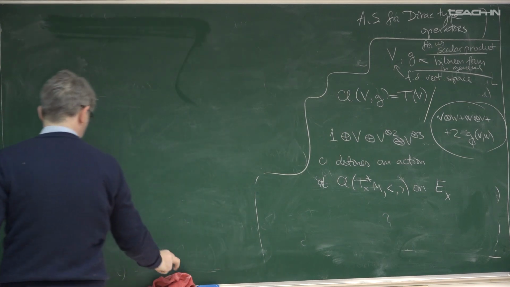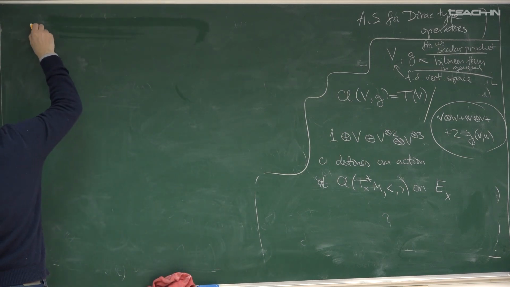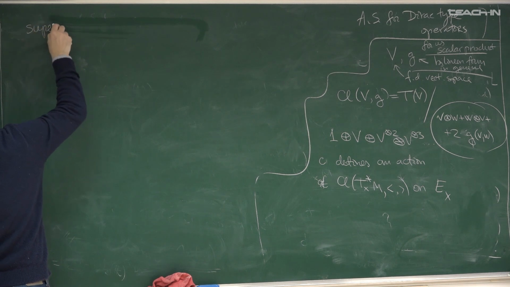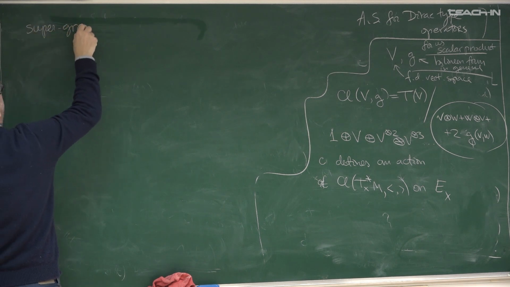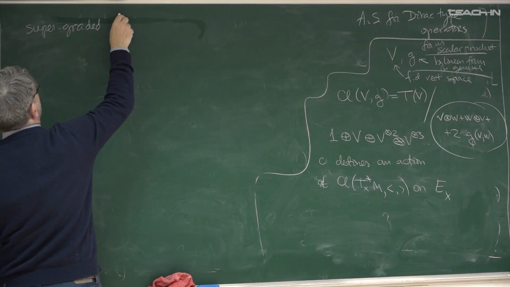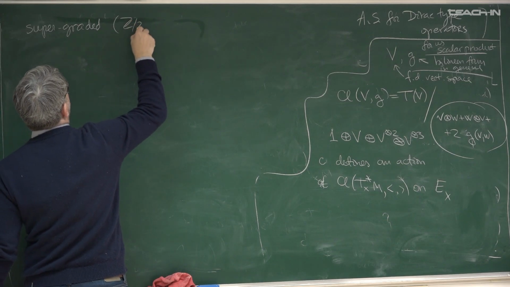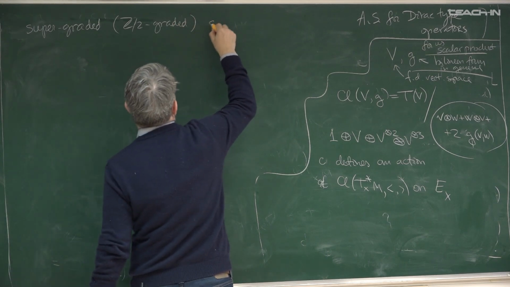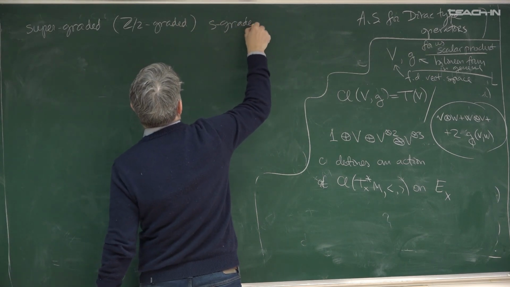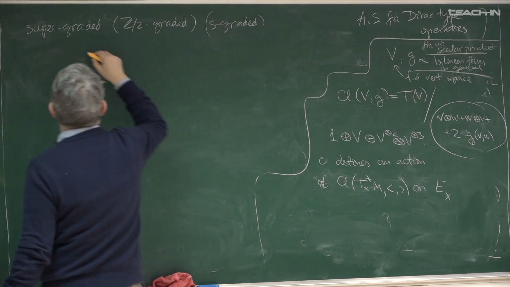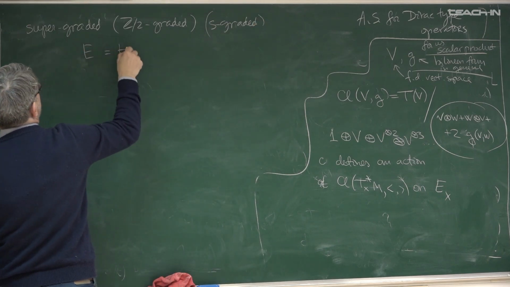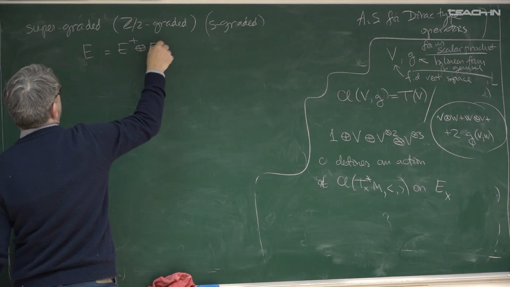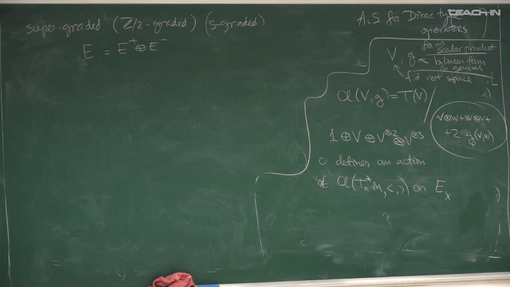We will talk about supergraded spaces, or Z2-graded, the same thing, if a space is represented as the sum of two subspaces which are denoted by E plus and E minus.